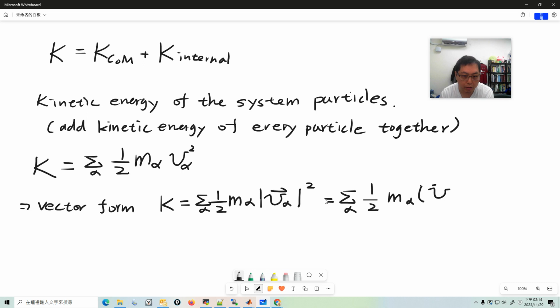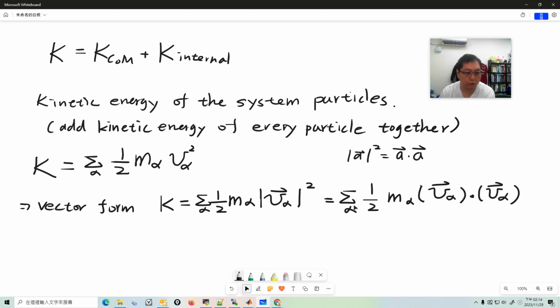So it becomes v alpha dot v alpha, which is the magnitude squared. A squared is equal to a dot a. It's a vector calculation, and this dot is the dot product.